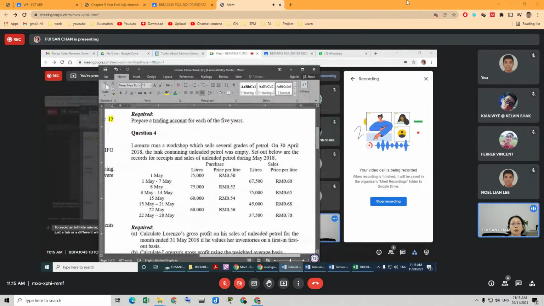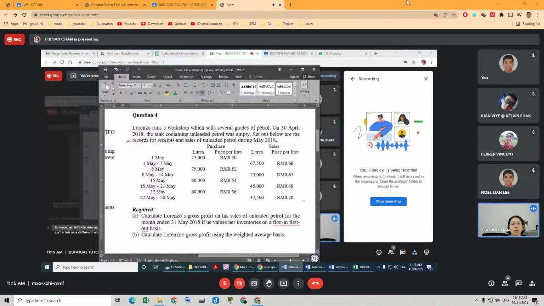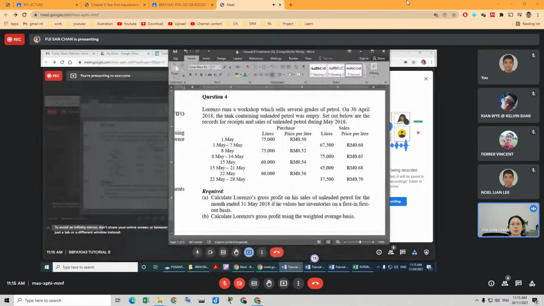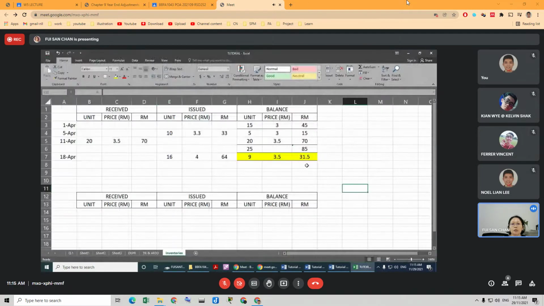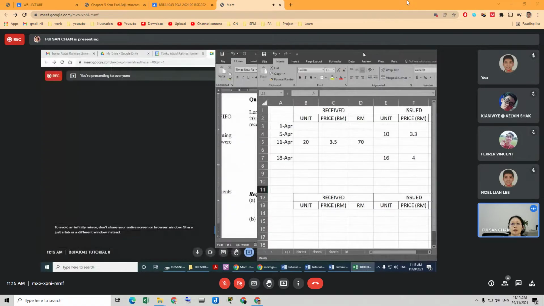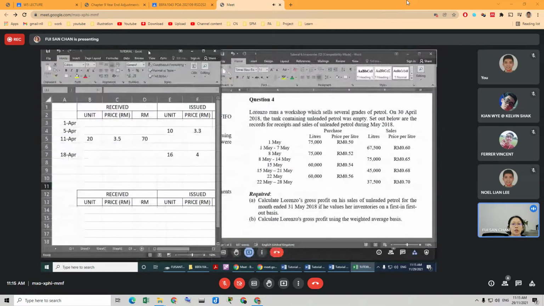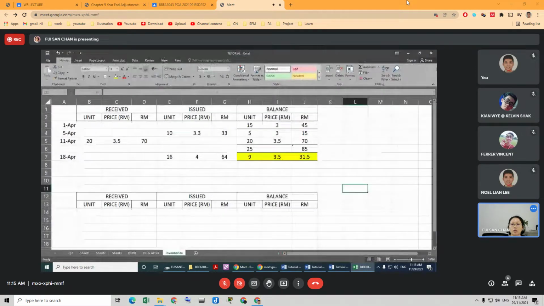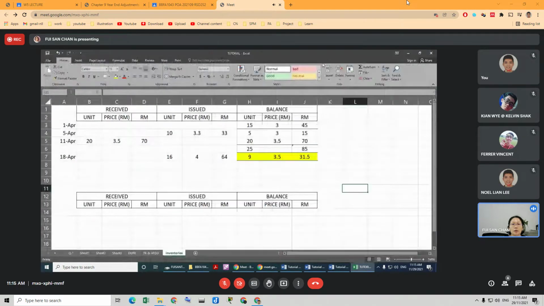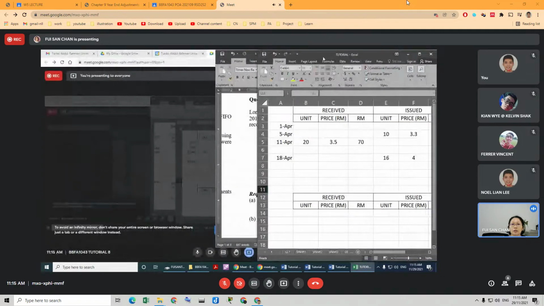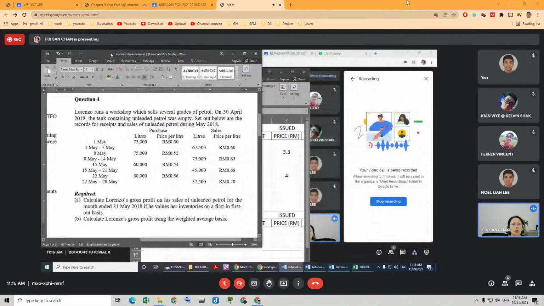So from now onwards, whenever you do a question like this, please be careful. Please check whether you have any opening stock or not. Very, very important. You must check whether you have the opening stock or not. Or else later on, if you miss the opening stock, it will affect your numbers. Just like in your test, question 2. That's the problem.